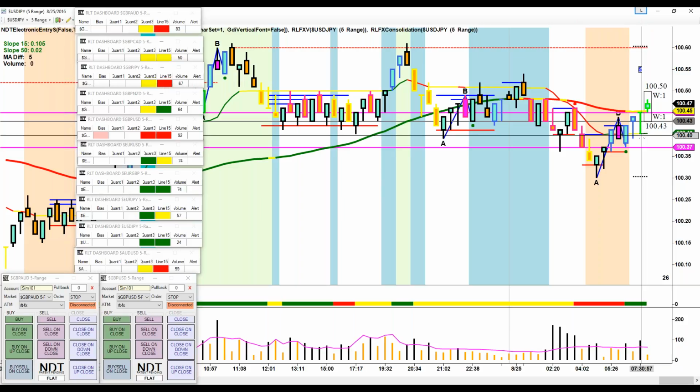The algorithmic system programmed into the dashboard will only allow a long trade when the 15 is on the same side of the 50 as your trade.